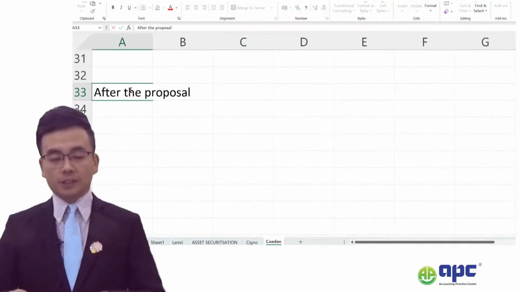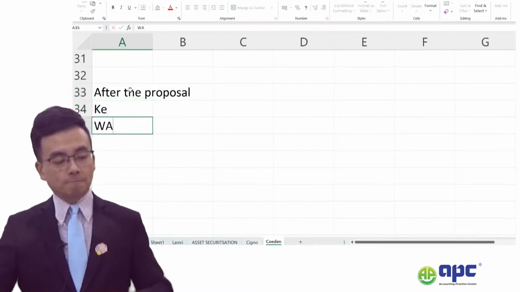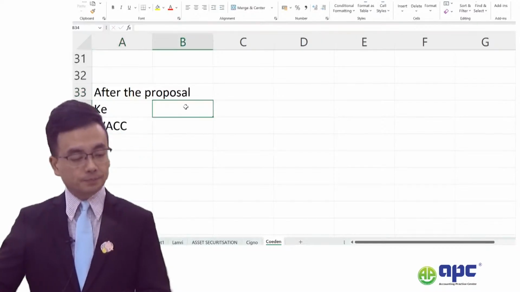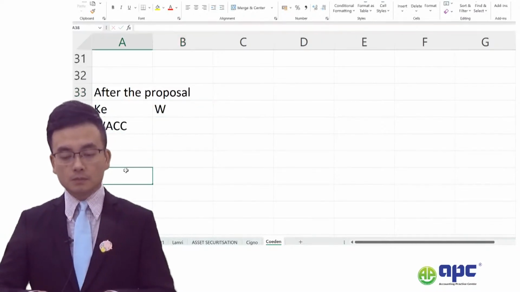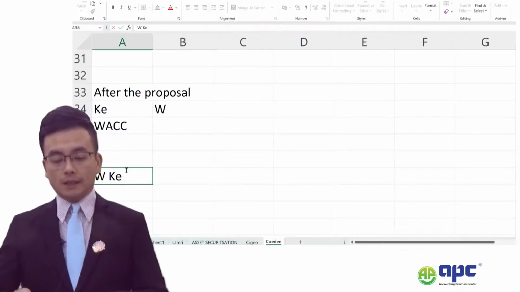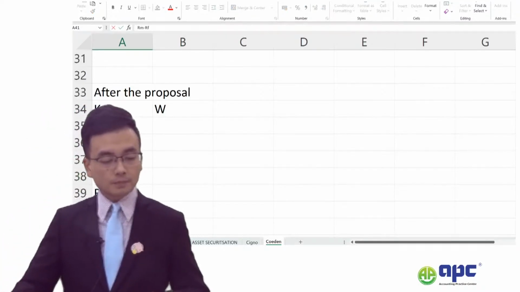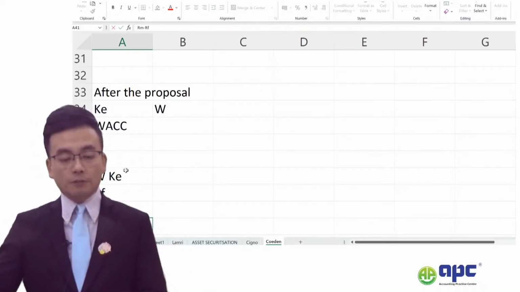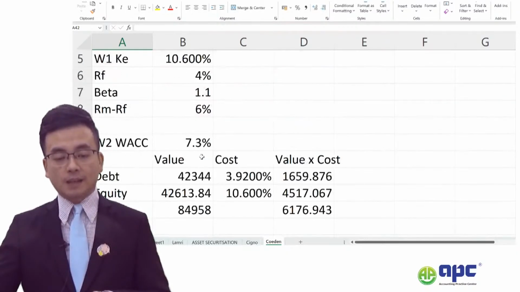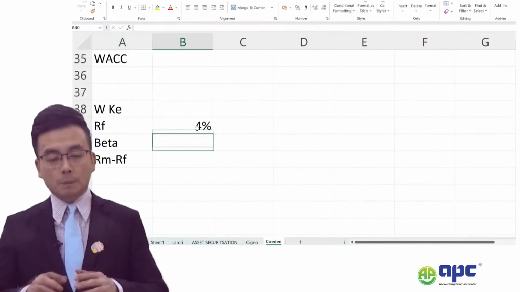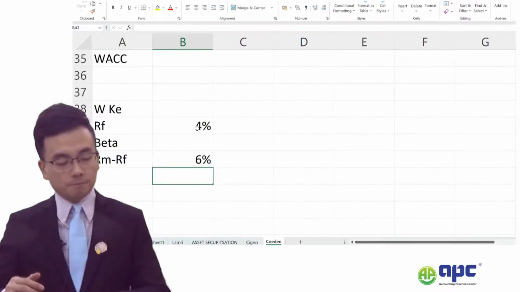We're going to calculate the cost of equity and WACC again. So start working on this. Again, risk-free rate, beta, RM minus RF. Now, of course, everything stays the same except for beta, so 4% and 6% respectively. But how about the beta?